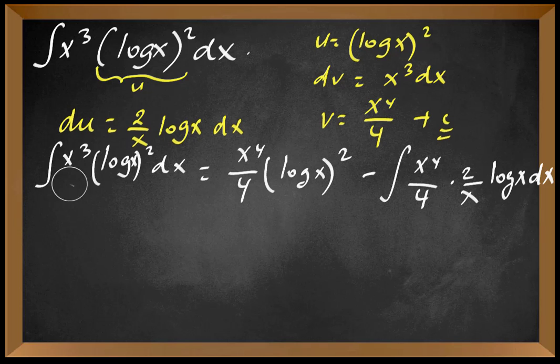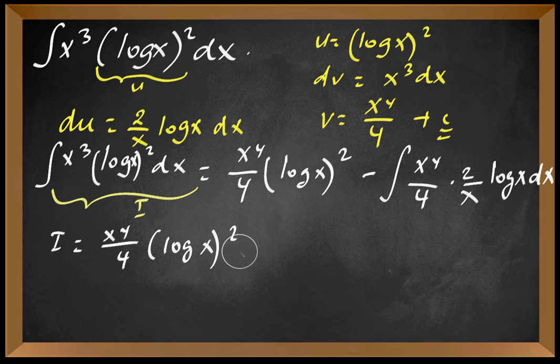We can call all this integral I, for instance. Okay, so let's call it I. That means I is equal to x to the power 4 over 4 times log of x all squared minus, let's do some simplification here, 1/2 of the integral of x cubed times log of x dx.